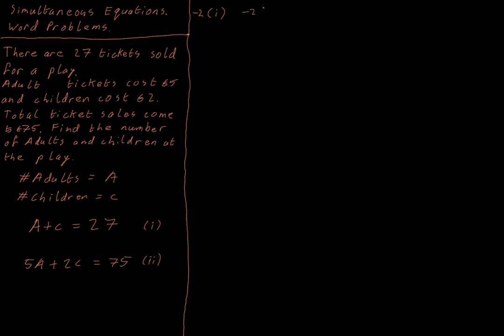And that is going to be -2 times A plus c is equal to -2 times 27. So we multiply both sides of that equation by -2. And we write equation 2 down just to keep track of it. 5a plus 2c is equal to 75.